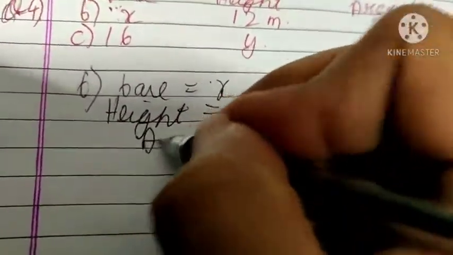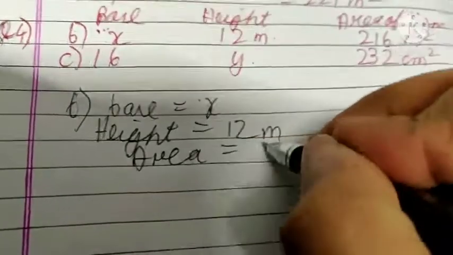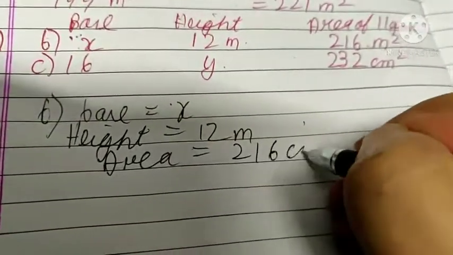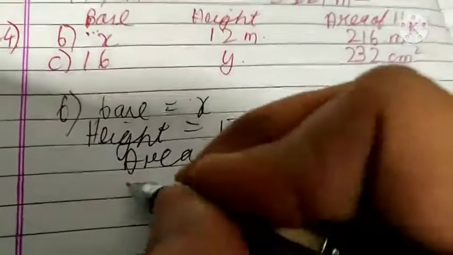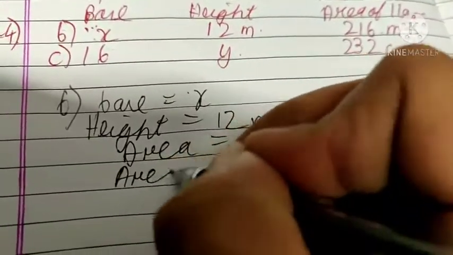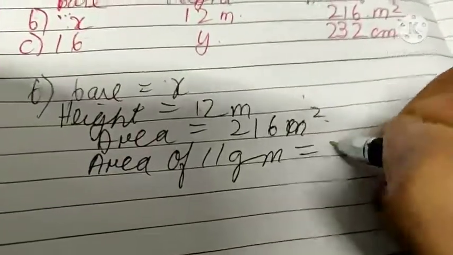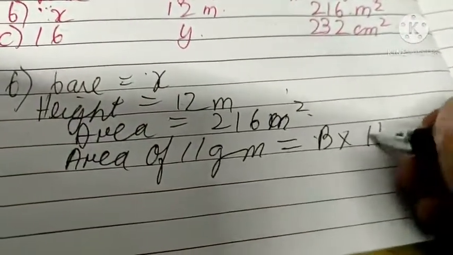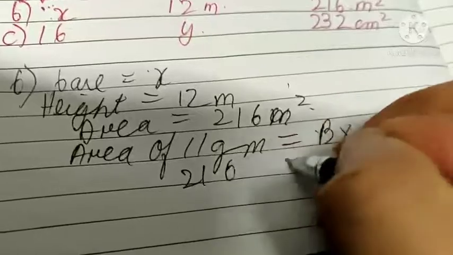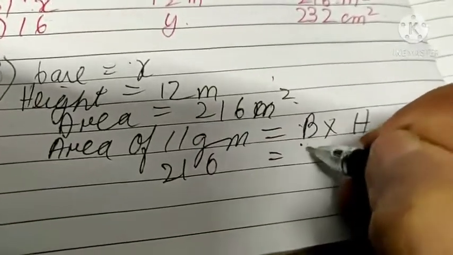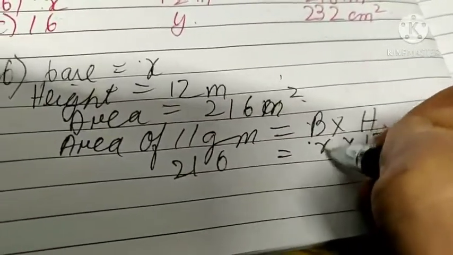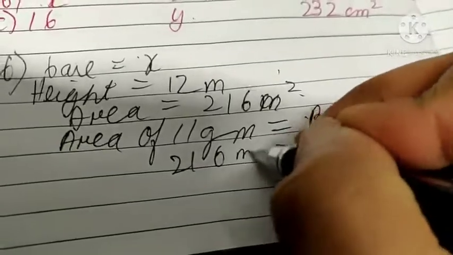and area is 216 meter square. So the area of a parallelogram has a formula: base into height. Here it is 216 and height is given as 12, base is x, it is meter square.